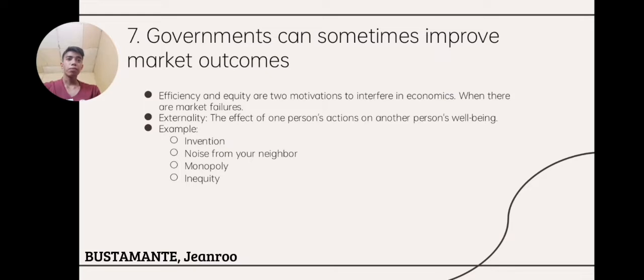Markets can fail when they fail to allocate resources efficiently, and this happens as a result of externality. Externality is when an action produces an impact on the well-being of a bystander. Without intervention of governments, the market could have a negative impact without even meaning to.